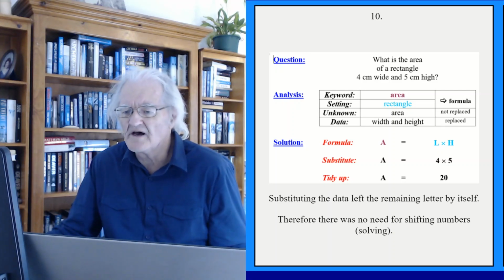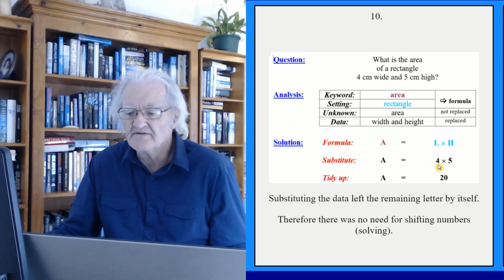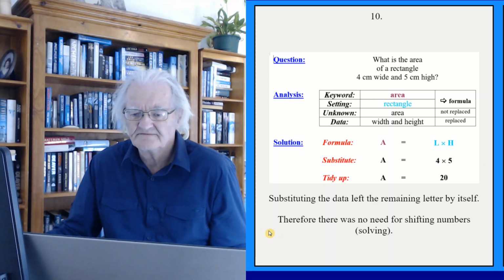Because the unknown is already by itself in the formula, the area equals. We do not have to shift any numbers, so we just tidy up by evaluating the value of 4 times 5. So there is the minimum amount of calculation to solve this question.